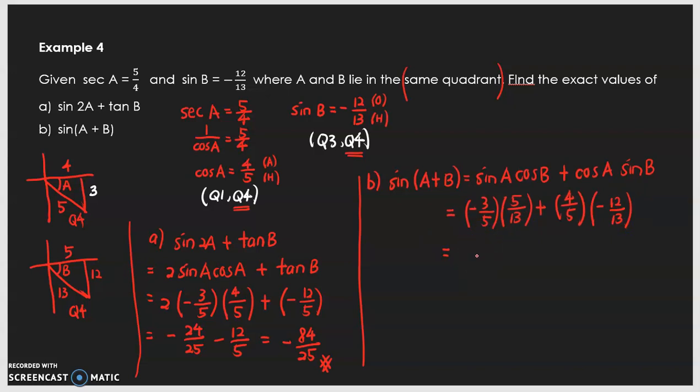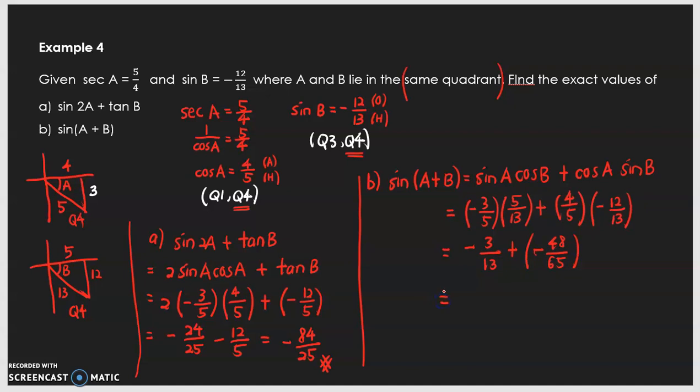Negative 3 over 5 multiplied by 5 over 13, so here we should have negative 3 over 13, plus, by using your calculator, 4 over 5 multiplied by negative 12 over 13, so here we should have negative 48 over 65.